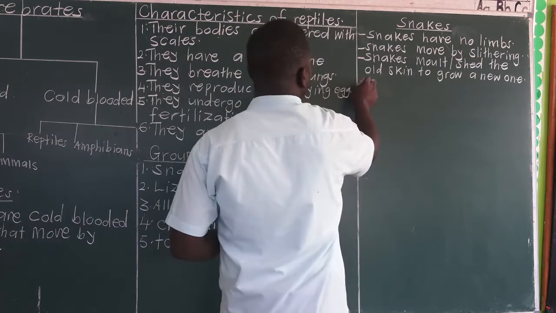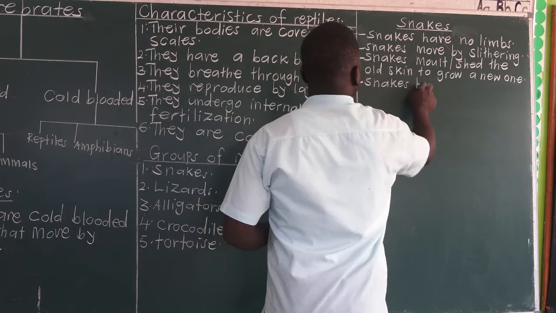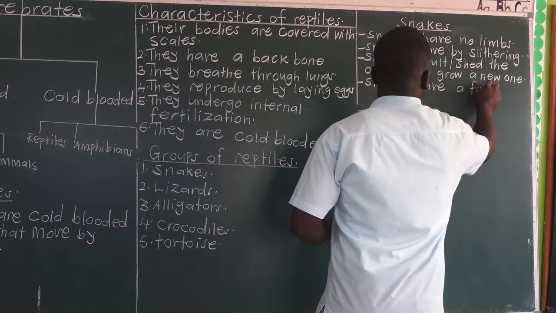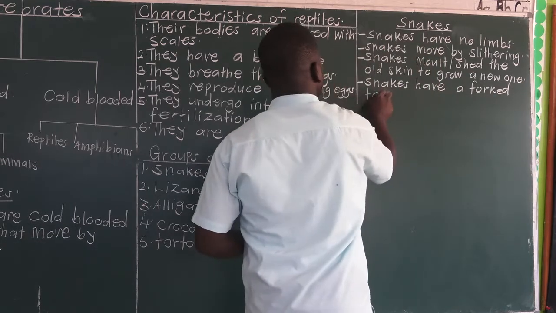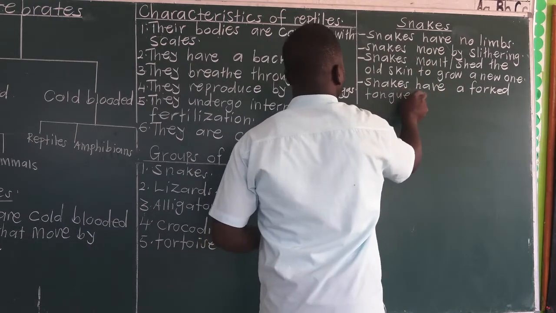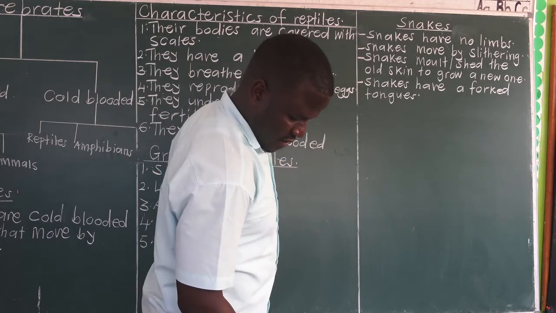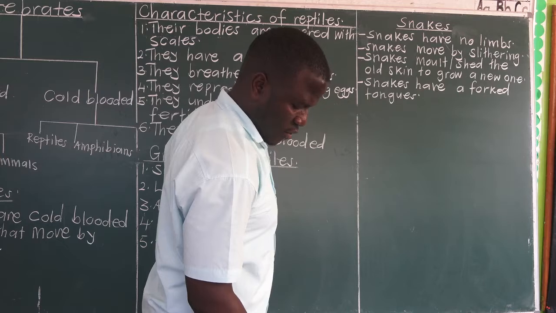Snakes have a forked tongue, which acts as a sense organ for smelling.